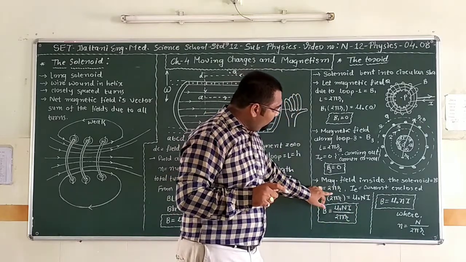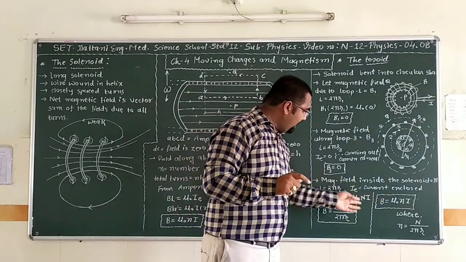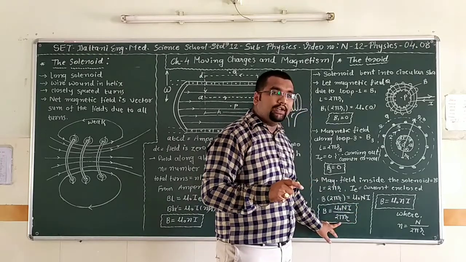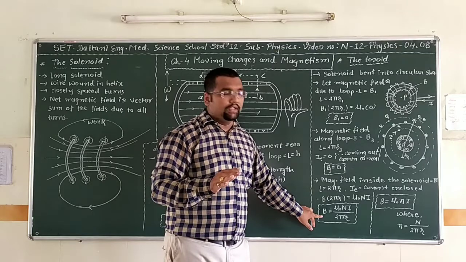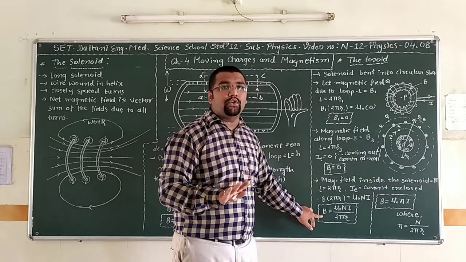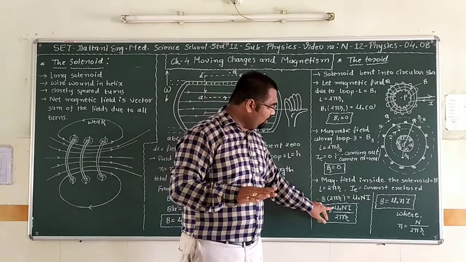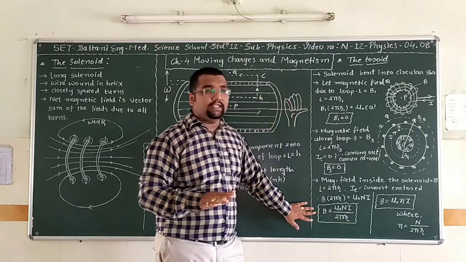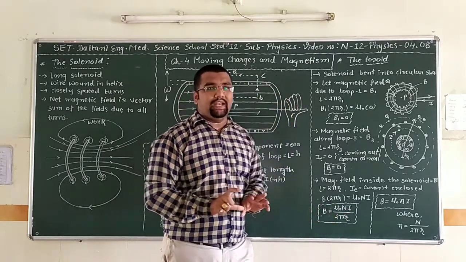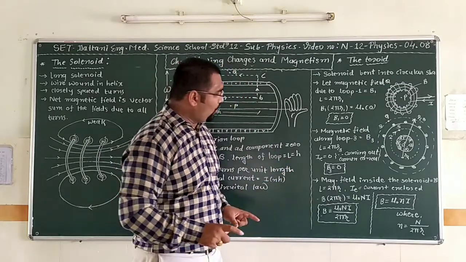Now 2 pi R changes sides and goes into the denominator. So we get the formula of the magnetic field produced by a toroid: B equals mu 0 N I upon 2 pi R.